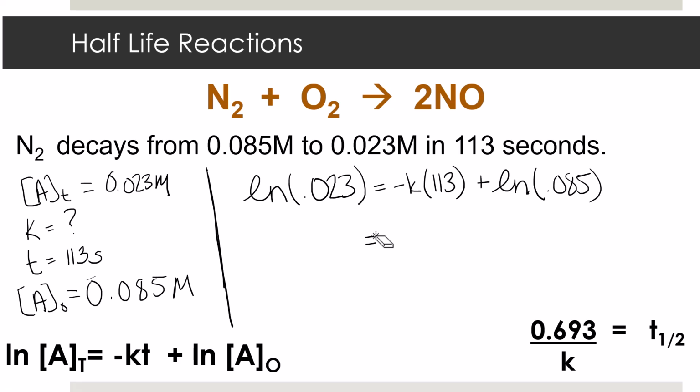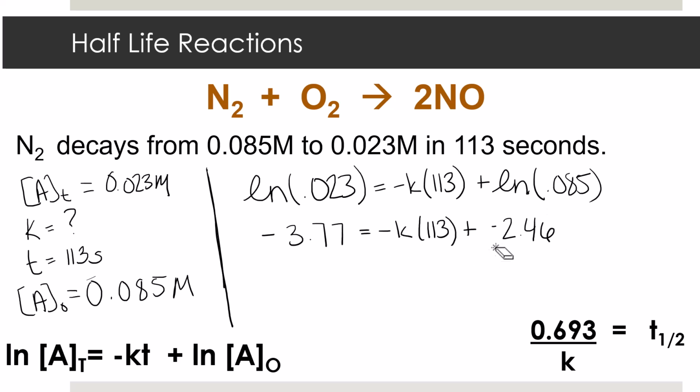The natural log of 0.023 equals negative 3.77. That equals negative k times 113 plus the natural log of 0.085, which gives me negative 2.46.